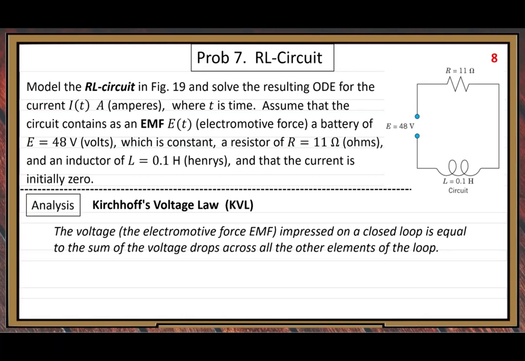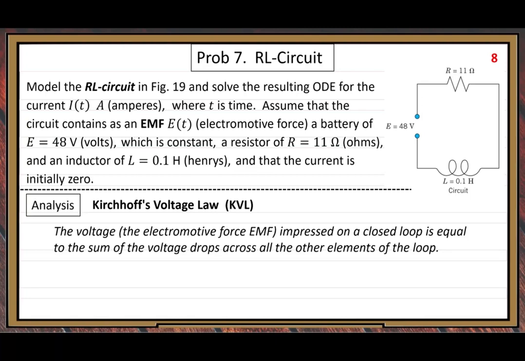So that one equals the voltage impressed on a closed loop. Here the closed loop is equal to, there is equality: left-hand side EMF, right-hand side the sum of the voltage drops.